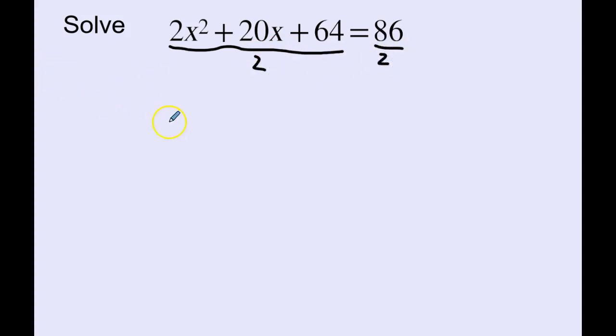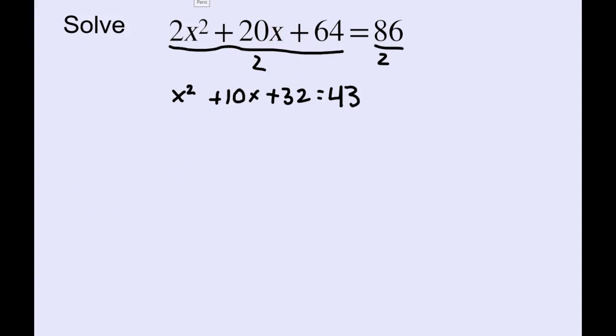So that gives us x squared plus 10x, whoops, not 8, what am I thinking, plus 32 equals, what is this here? This is 43. Okay, so that's where we are.